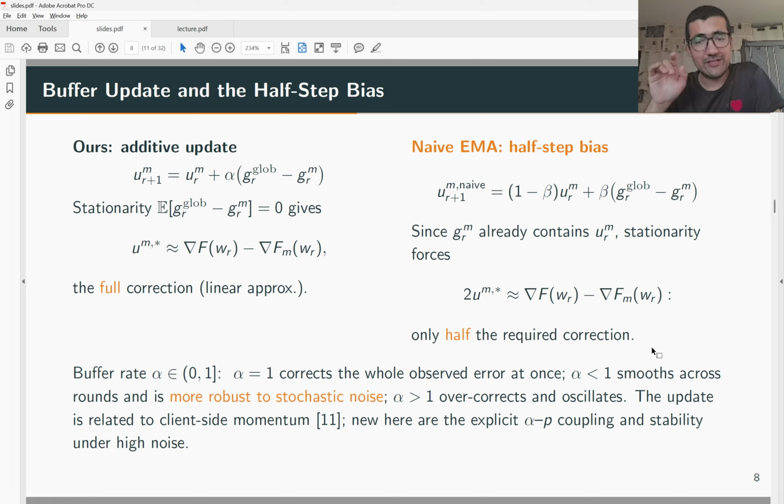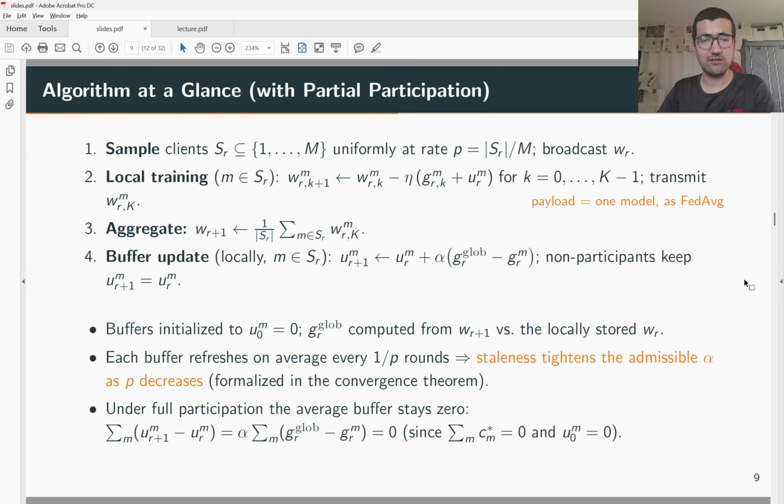The update is related to client-side momentum, like the work by Cheng and his colleagues, studied before. What's new here is the explicit coupling between alpha and the participation rate, and the stability story under high noise. Let me put the whole algorithm on one slide.